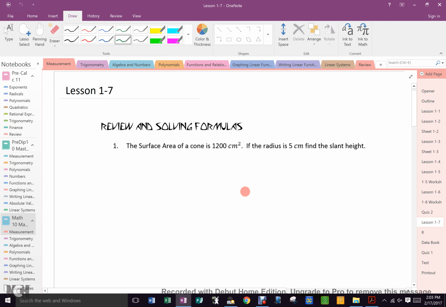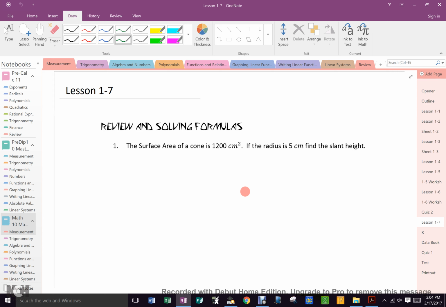So, this question we have here is not actually finding a surface area. It's actually something else. Let's have a look at this question, and you tell me what information it gives us.